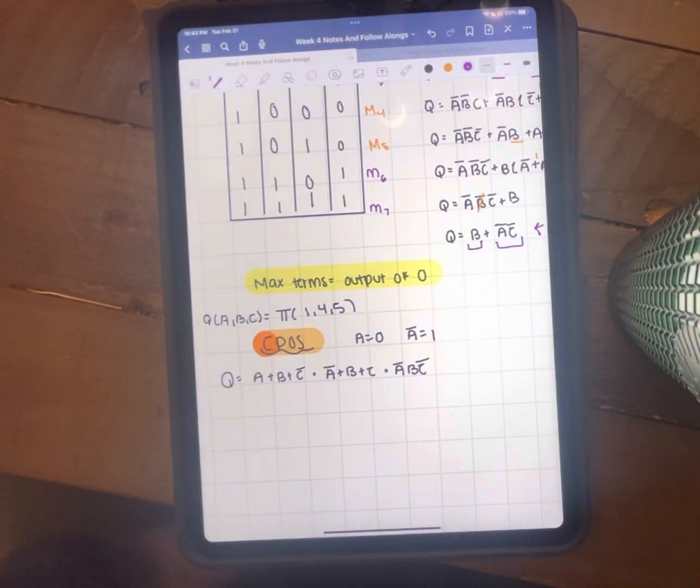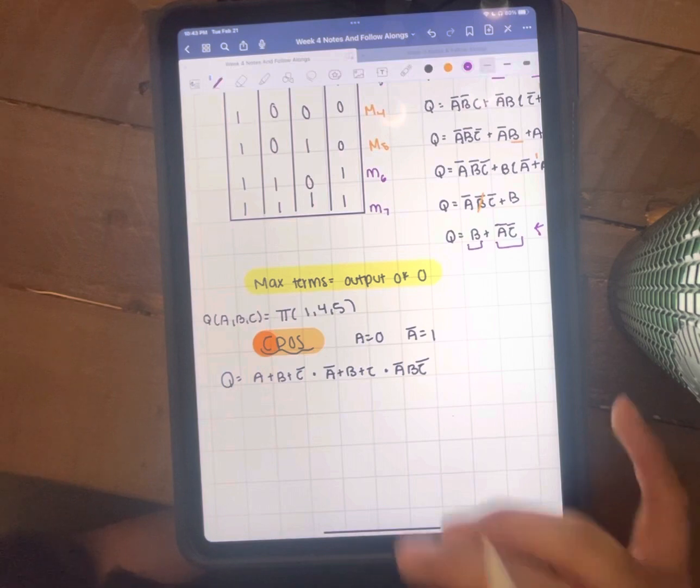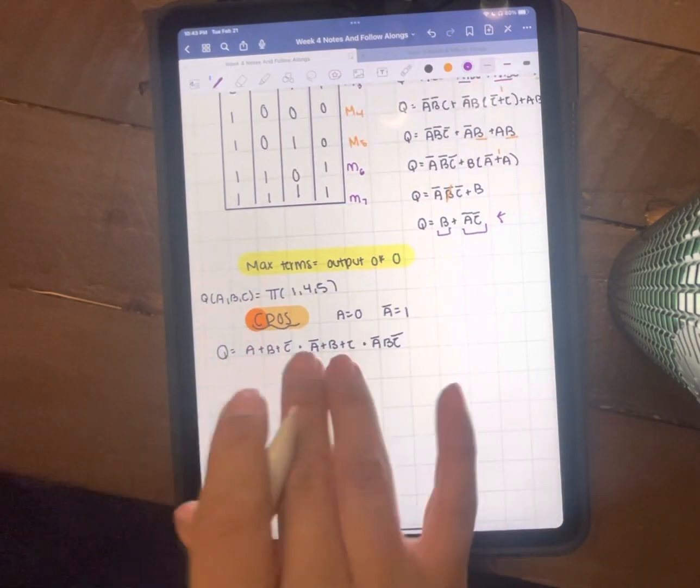And then just like before, to find the minimal POS form, we're going to have to perform Boolean algebra.